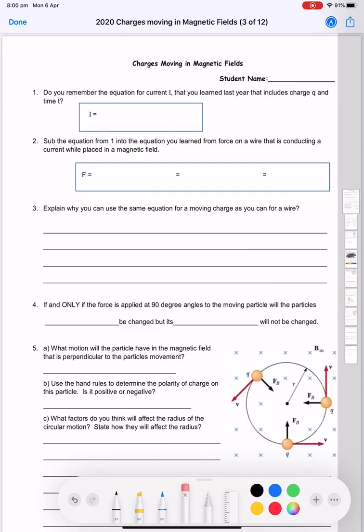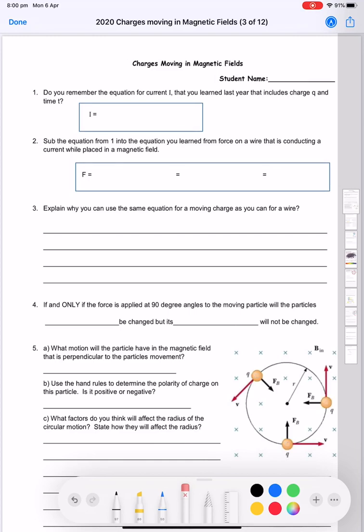And what you're going to see is that instead of the particle moving in a straight line, it's going to have circular motion. All right, first of all, let's do a bit of a review of some of the equations so that maybe you can better understand the equation for the force acting on a charged particle.